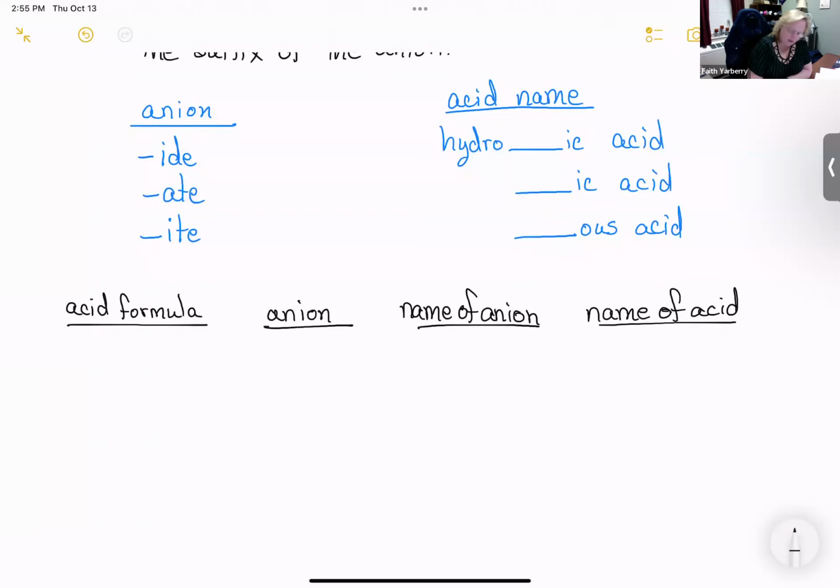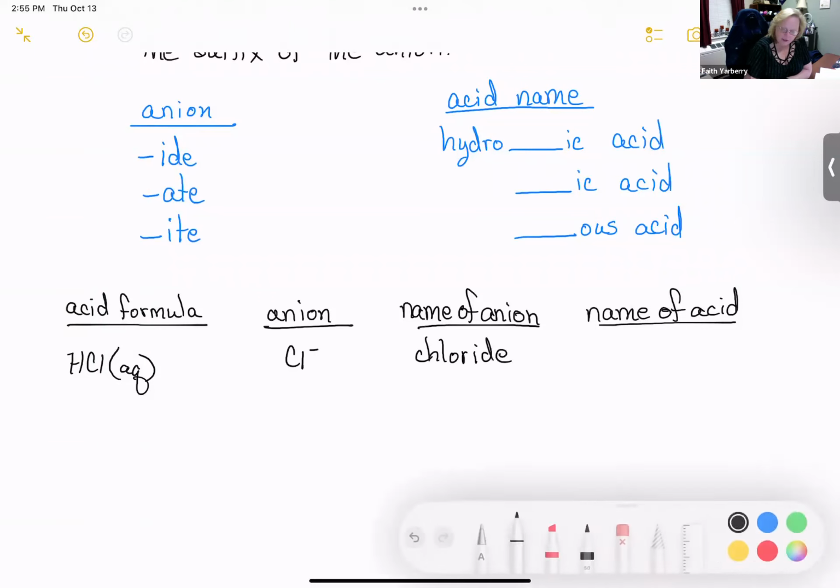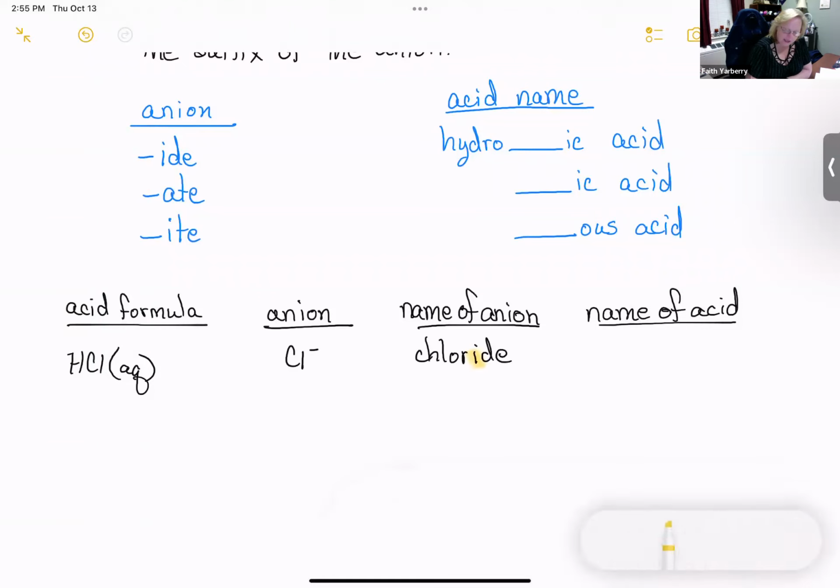Okay, so let's start out with HCl aqueous. HCl aqueous has the anion Cl minus. The name of that anion is chloride, so it ends in IDE.